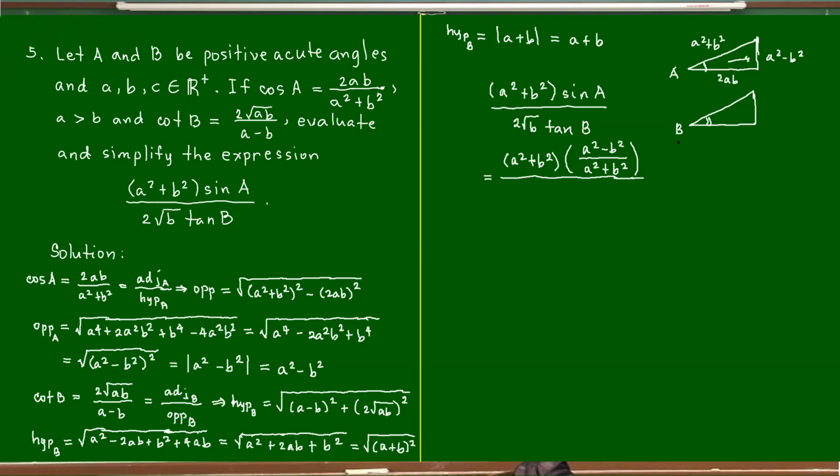For angle B, that is cotangent, adjacent square root of AB over opposite, so that is A minus B. So the hypotenuse, we solved that, A plus B. Okay? So what is sine A? Opposite over hypotenuse. Is that correct, guys? Yes, sir.